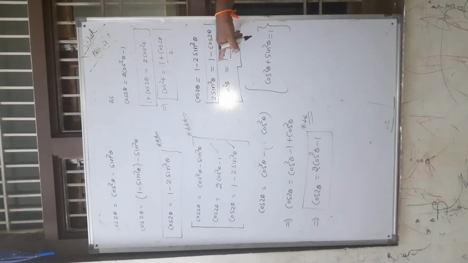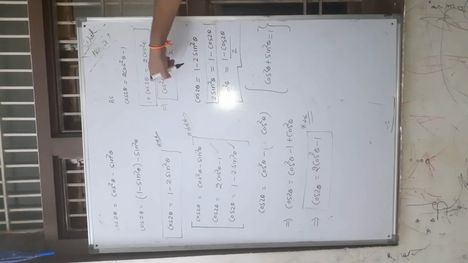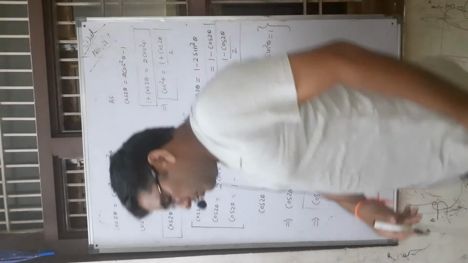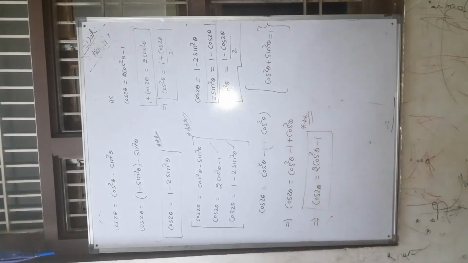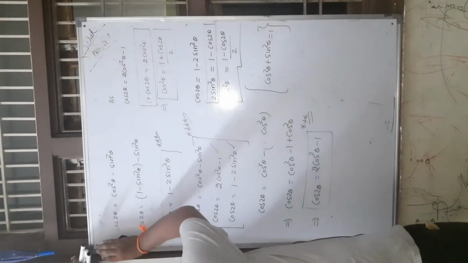So you remember 1 plus cos 2 theta is equal to 2 cos square theta, and 1 minus cos 2 theta is equal to 2 sin square theta. So guys, note down all these formulas. Now we take some problems based on these formulas. Note down.